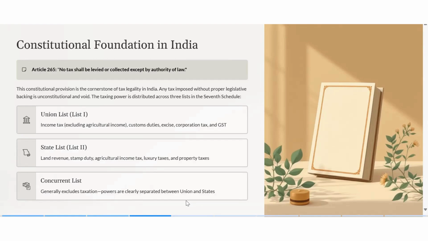State list, where state legislatures and state governments are empowered to make provisions over tax collection: land revenue being a local subject, stamp duty, agricultural income tax, and property taxes are state list subjects over which state governments are empowered to make law. Concurrent list generally excludes taxation because powers are clearly separated between union and state. So there is no conflict when it comes to making law on tax collection.